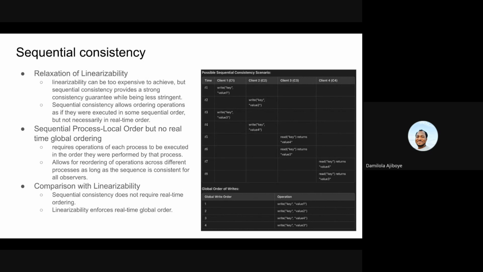In this example, client 3 and client 4 observed change 4 before change 3, even though in real-time ordering, 3 happened before 4. But the main thing is that both clients are consistent about their perspective of the order. And so that relaxes the requirement a little bit.